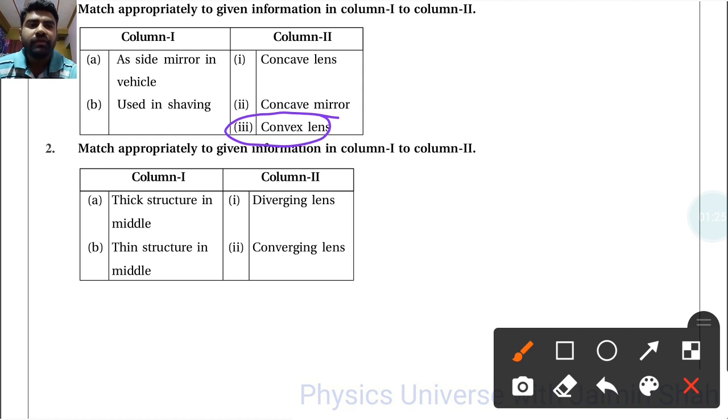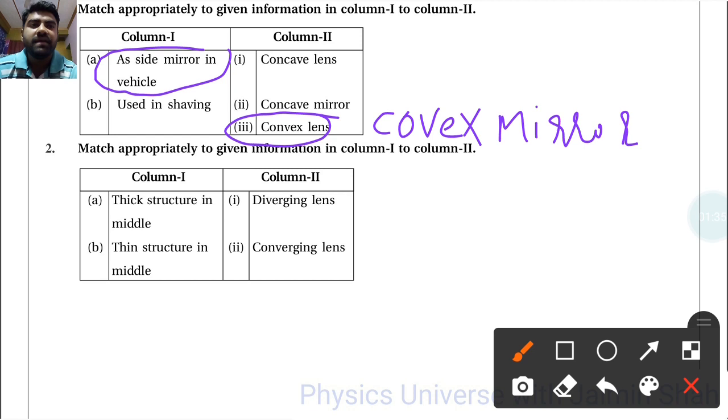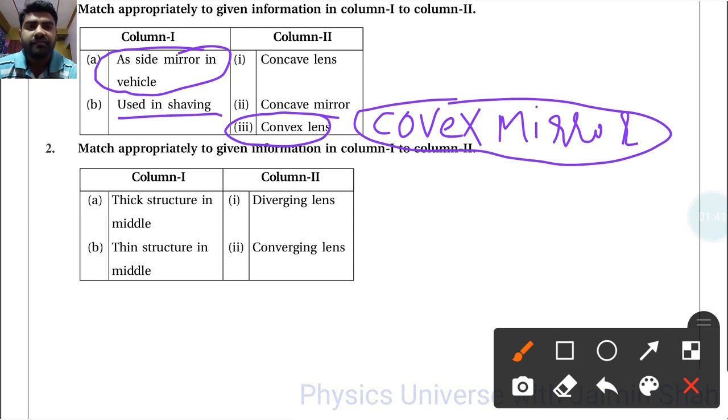We are not using a lens, it is a convex mirror, right? So as side mirror in vehicle, that is a convex mirror, right? And B, used in shaving, that is a concave mirror, B to 2.